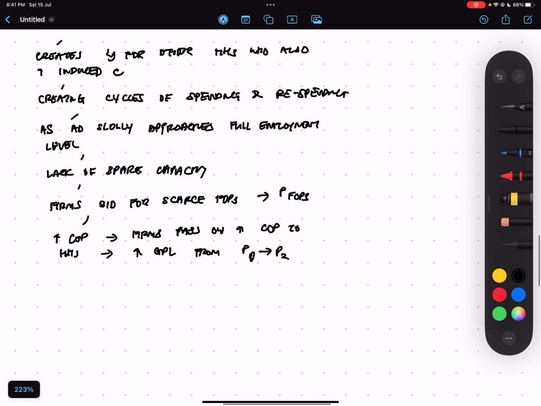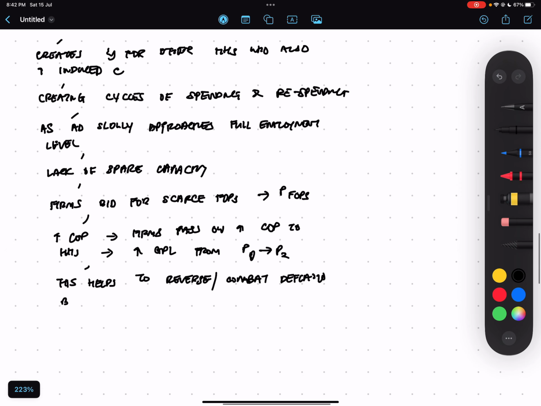Then when that happens, this helps to combat the deflation. To reverse, I think combat is also fine. So combat the deflation by increasing prices from P0 to P2.